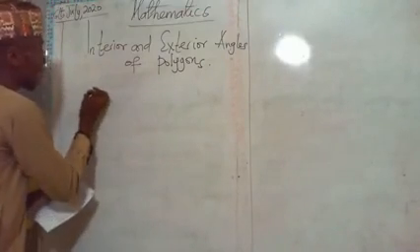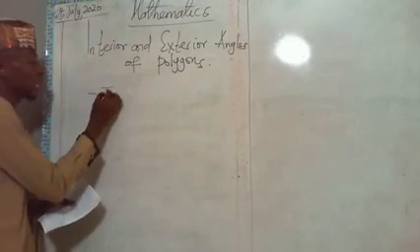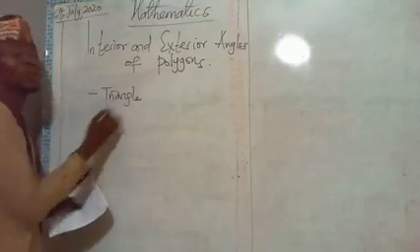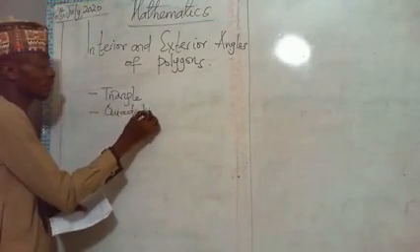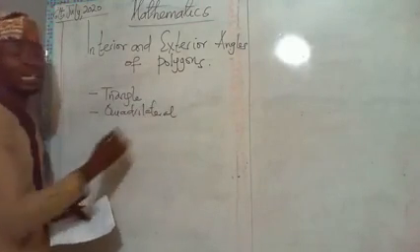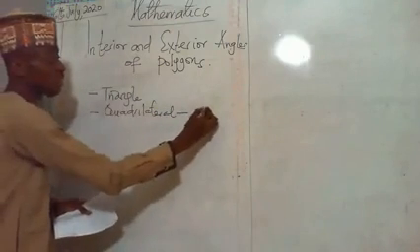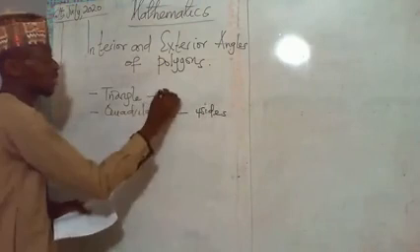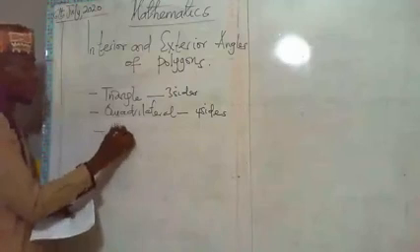So the first shape that we have is triangle. Triangle is a polygon. Quadrilateral is a polygon. Quadrilateral has 4 sides. This one has 3 sides. And the rest are the other polygons that we have.